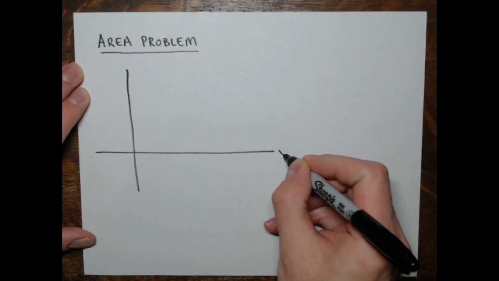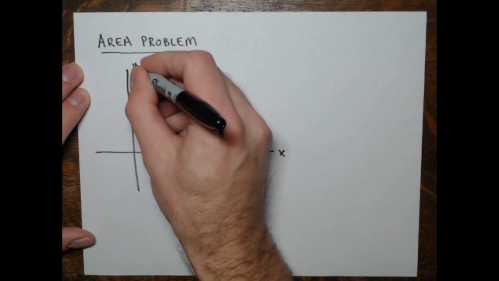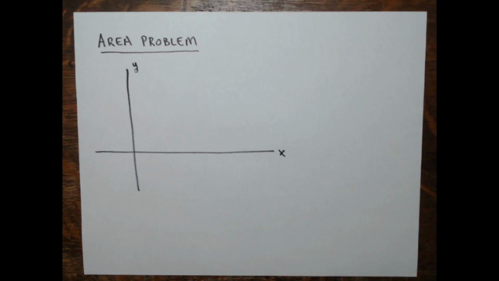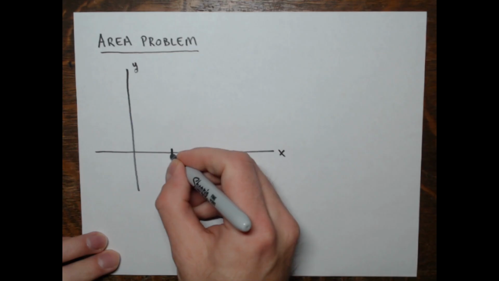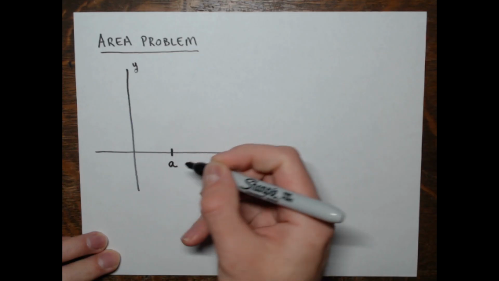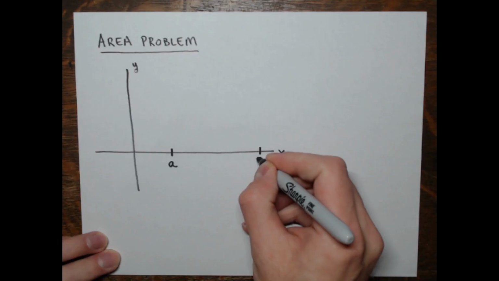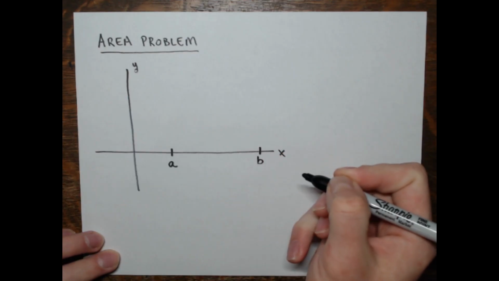here's the XY plane, and then suppose I'm given the graph of some function over some interval on the x-axis. So here's, say, x equals a, and over here, let's say, is x equals b.